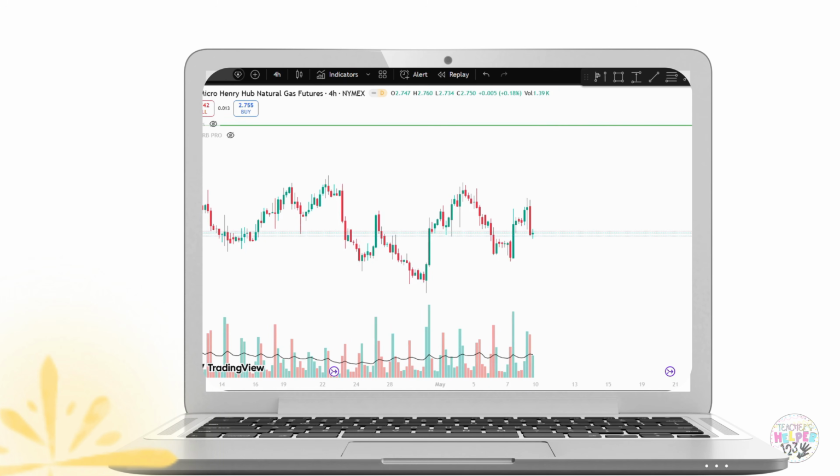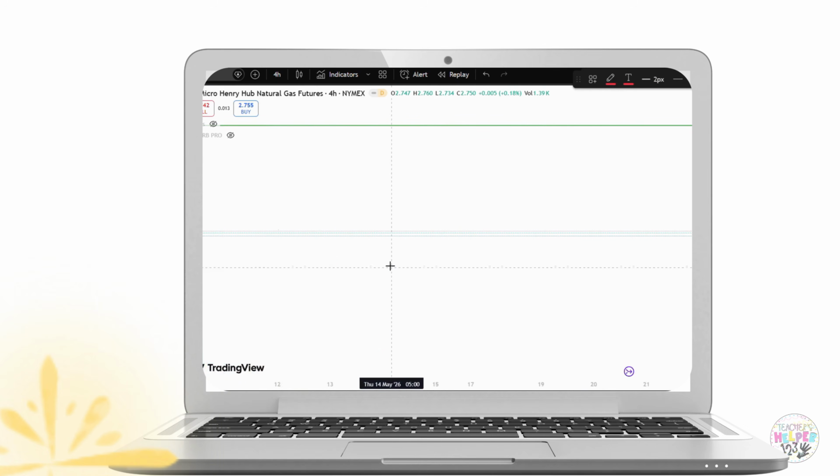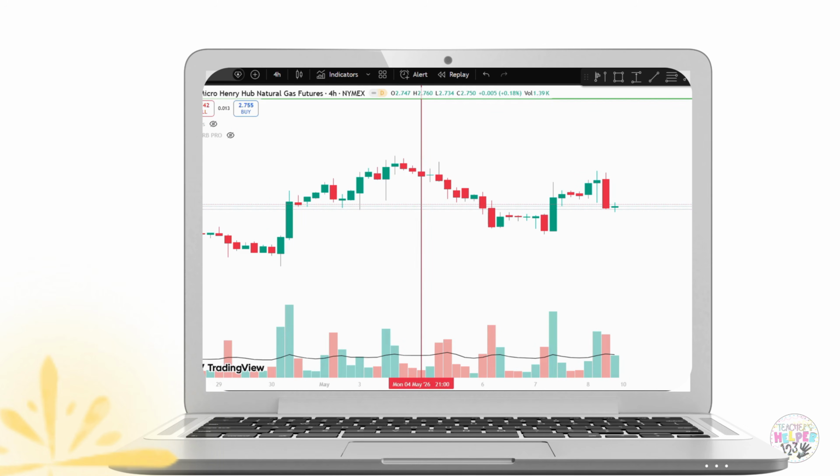So let me give you an example here. So this volume bar right here. Okay, so this day here, actually this 4-hour here, would be below volume. Okay, and one that is above would be this one. This one stands out to me.